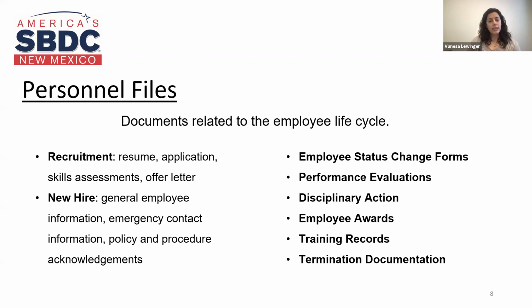Folks that should have access to this particular file are going to be the human resources folks, the managers or the individuals responsible for that role, and of course the employee. And some things we should never put in here are going to be things like medical information, credit information, immigration forms, documents related to complaints or investigations that are currently happening. And so this is just kind of very generic information that's not too sensitive. Next slide, please.